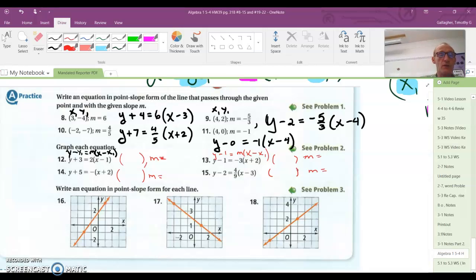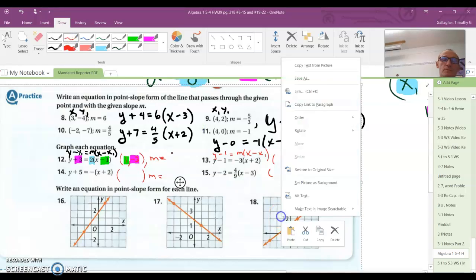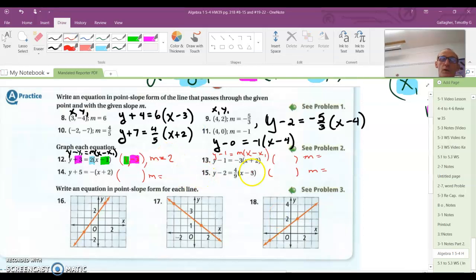Number 12, it's going to be negative 3, or I'm sorry, 1 for x and negative 3 for y. This is the x value, and this is the y value. And the slope is 2. The second one is going to be negative 2 for the x value, because the signs are opposite there.